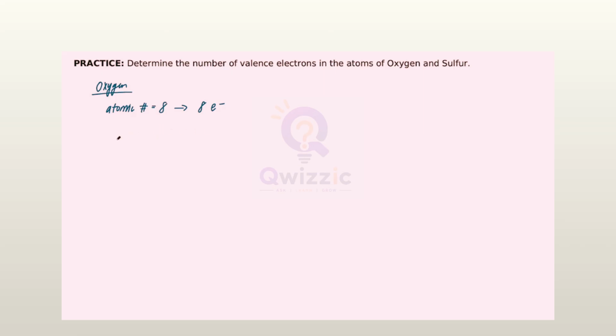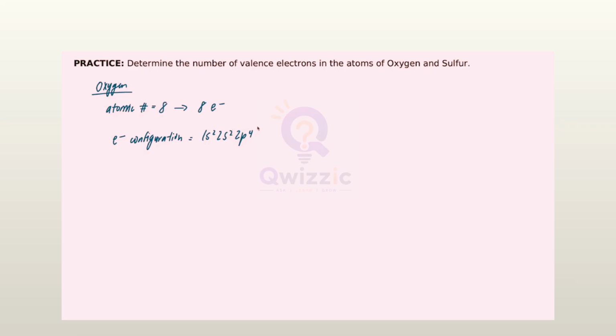So the ground state electron configuration for oxygen, with the atomic number of 8, in this SPDF notation, is going to be 1s2, 2s2, and 2p4. So we see that the outermost shell is the second shell, which has a total of 6 electrons, including the 2s and the 2p orbitals.